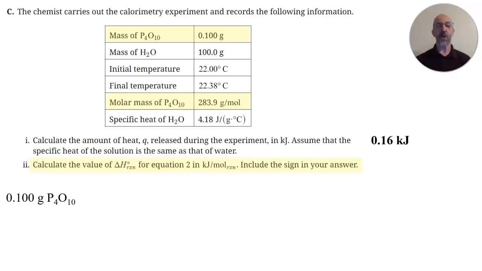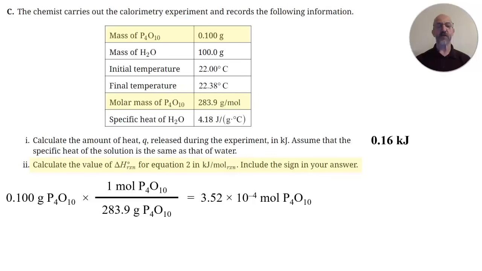It's going to be 1 mole of P4O10 for every 283.9 grams. So 0.100 divided by 283.9 gives me a very small number. I will express this in scientific notation. So my number of moles is 3.52 times 10 to the negative 4 moles of P4O10.